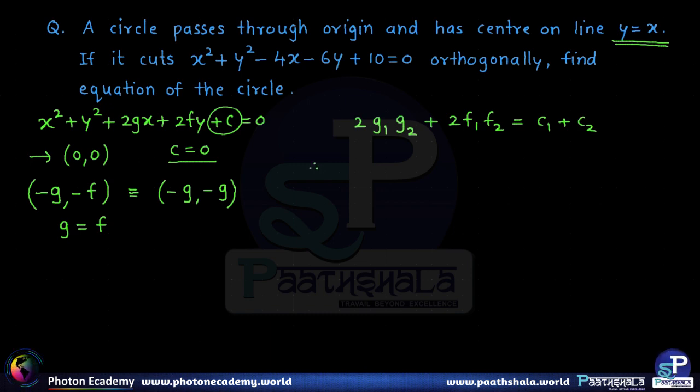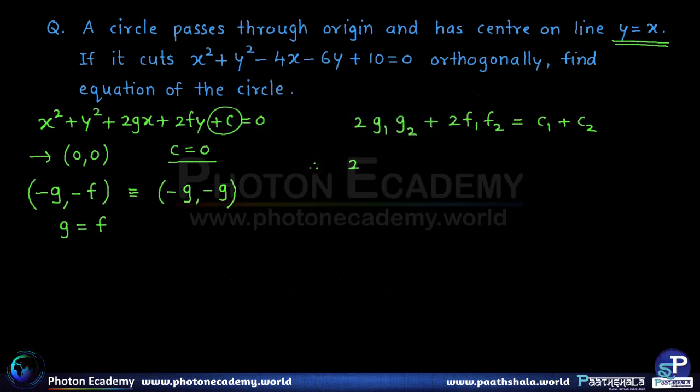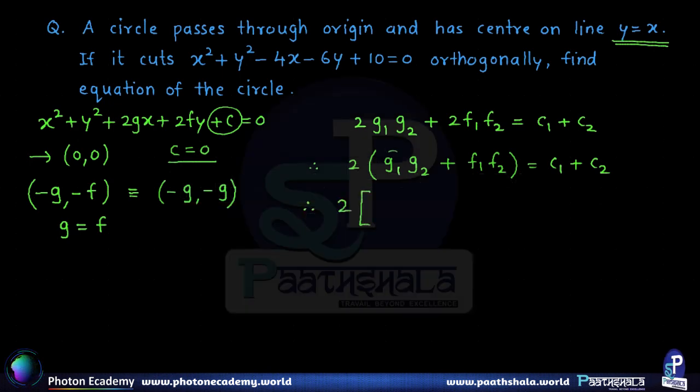So taking 2 common, we have 2 into bracket g1 g2 plus f1 f2 is equal to c1 plus c2. Now g1 stands for the g term of the first circle, so we take that as just g, and g2 stands for the g term of the second circle.